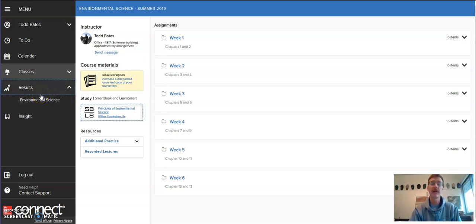That will be a way that you will be able to monitor how you're doing in Connect. In order to find your total grade, you need to combine the points that you get from Canvas and the points that you get from Connect, and that would be the full grade that you get for the class.